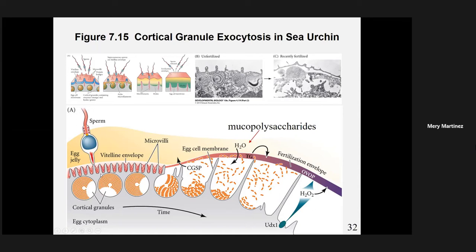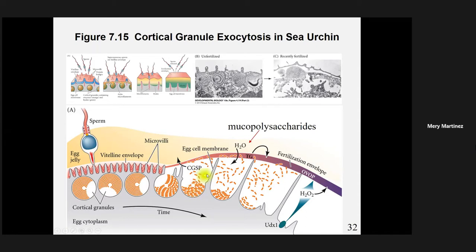Now we have here all the microvilli under which we find the cortical granules. Because it got in touch as recognition of the key and the lock, now we will have this point having the cortical reaction. And now mucopolysaccharides, water goes in, right? Start the reaction.